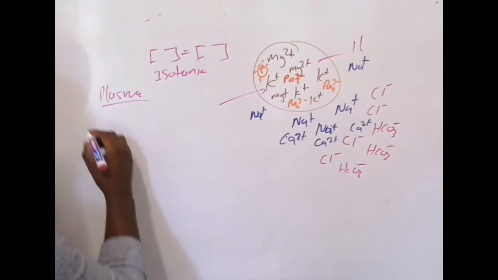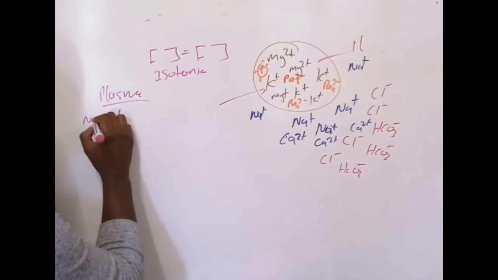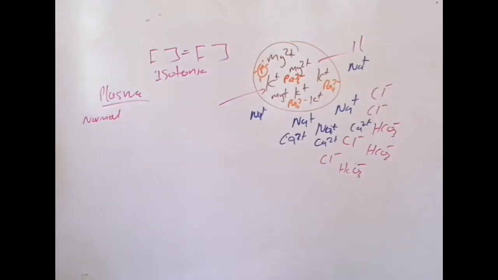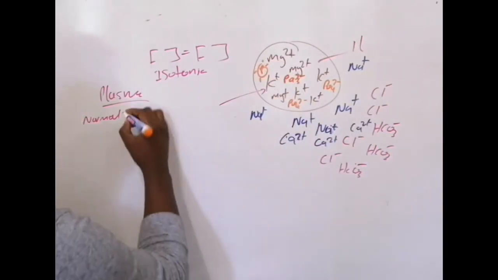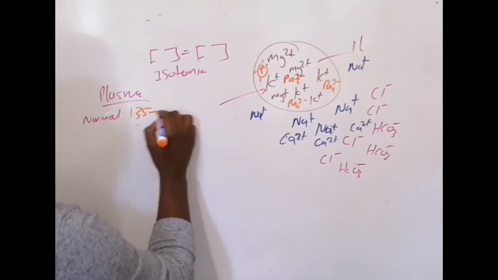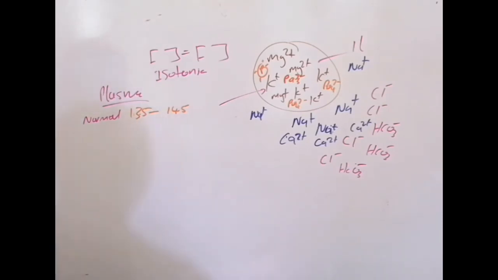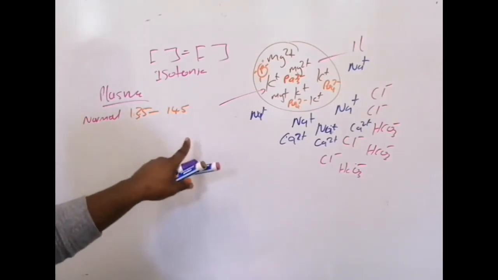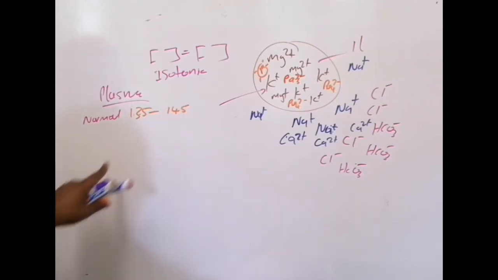So a normal sodium level in the extracellular space or in the plasma is supposed to be 135 to 145. Some say millimoles or milliequivalents. So 135 to 145, this is the normal amount of sodium.